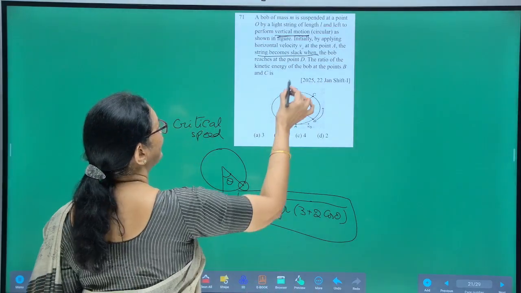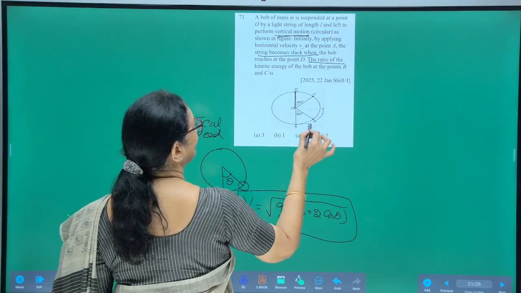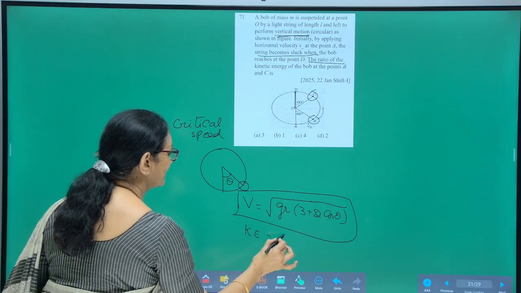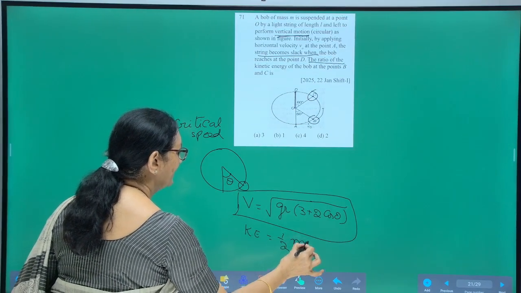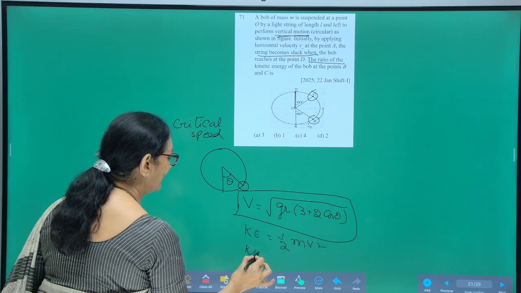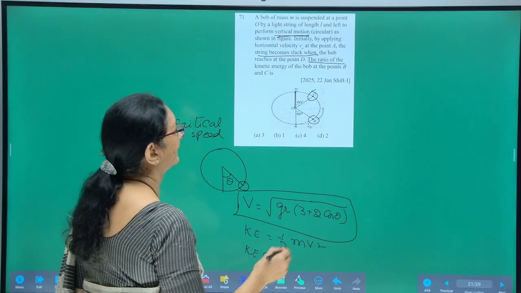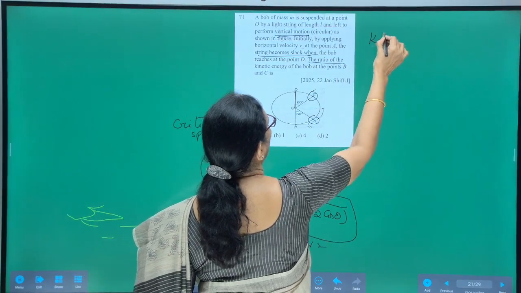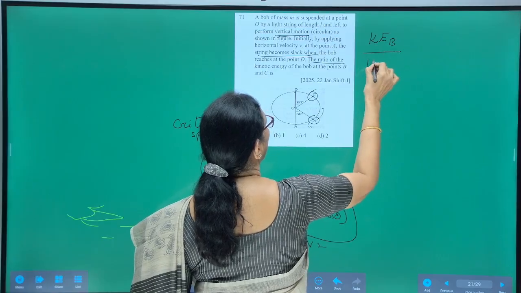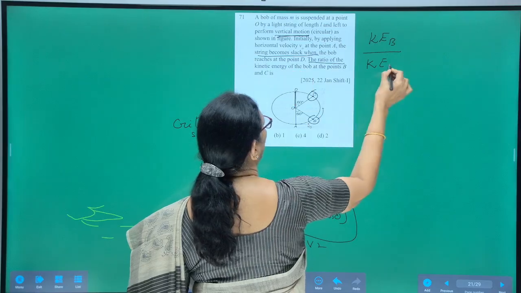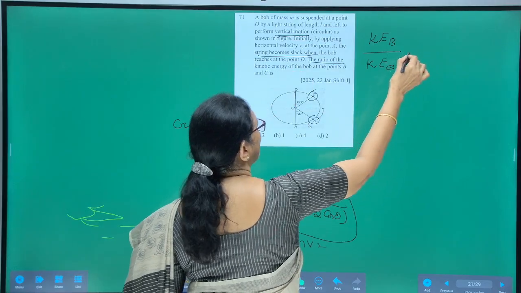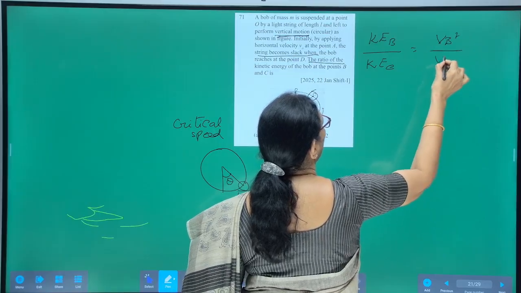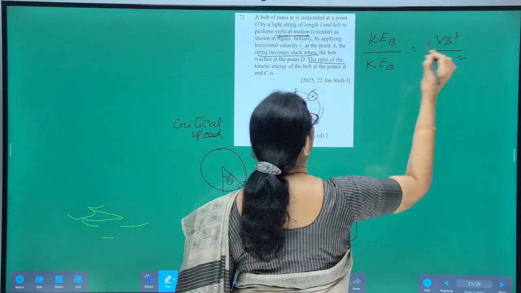Now, what is asked? The ratio of kinetic energies at B and C. Kinetic energy is half m v square, so kinetic energy is proportional to v square. So the kinetic energy at the point B to the kinetic energy at the point C is equal to VB square by VC square.